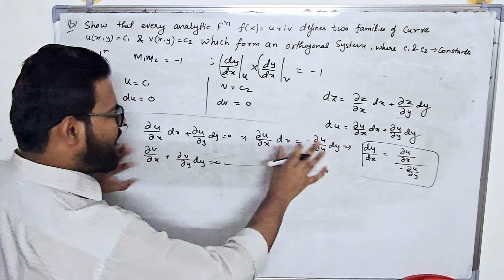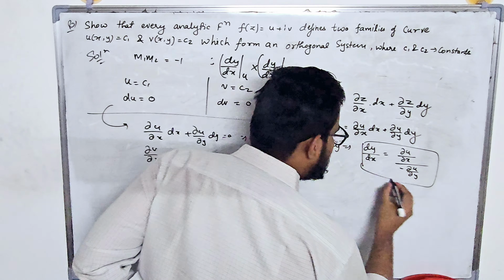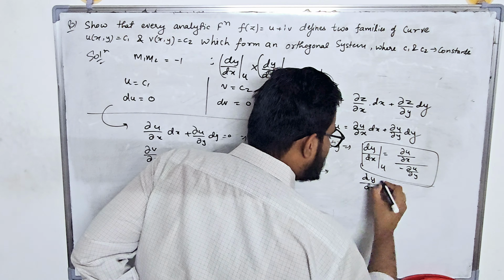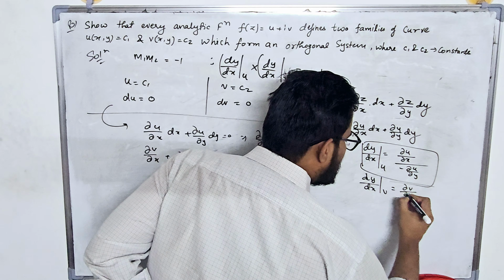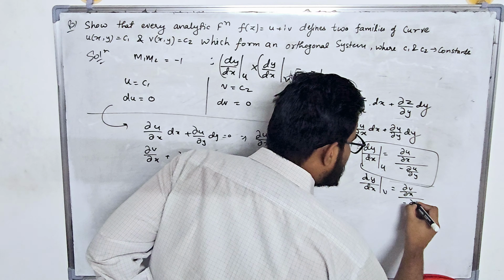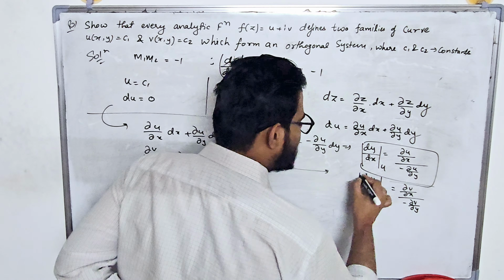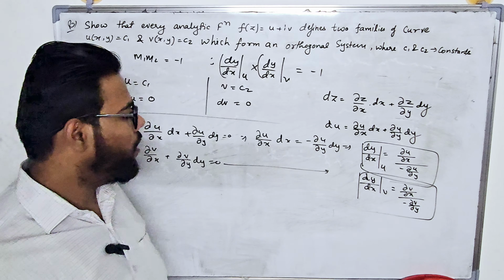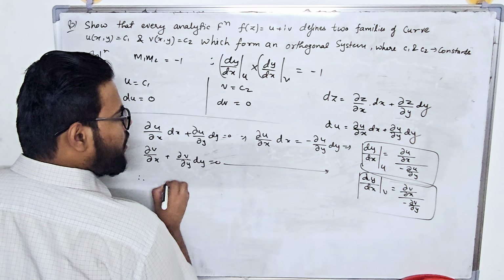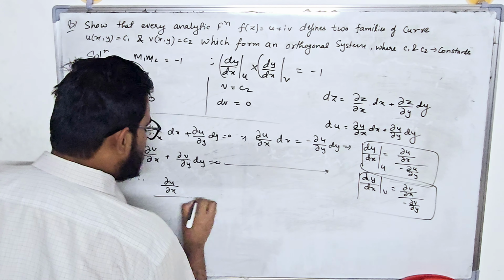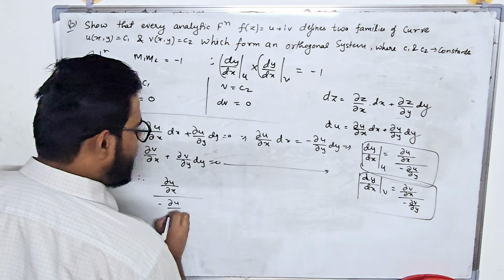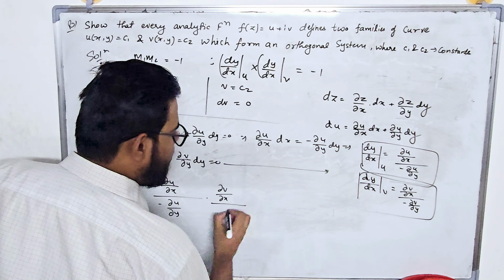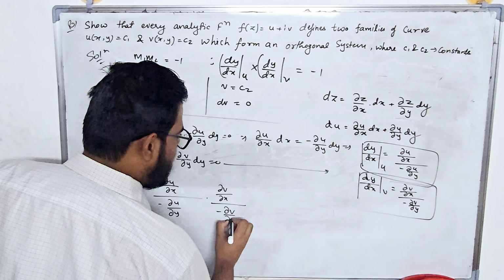From this, it is just a similar calculation. You will have dy/dx for v as ∂v/∂x divided by (-∂v/∂y). Now we know that their product must be equal to -1. Hence, ∂u/∂x divided by (-∂u/∂y) times ∂v/∂x divided by (-∂v/∂y).